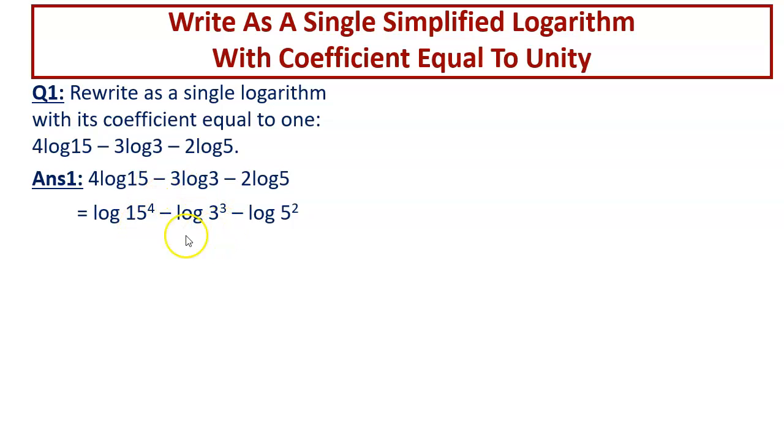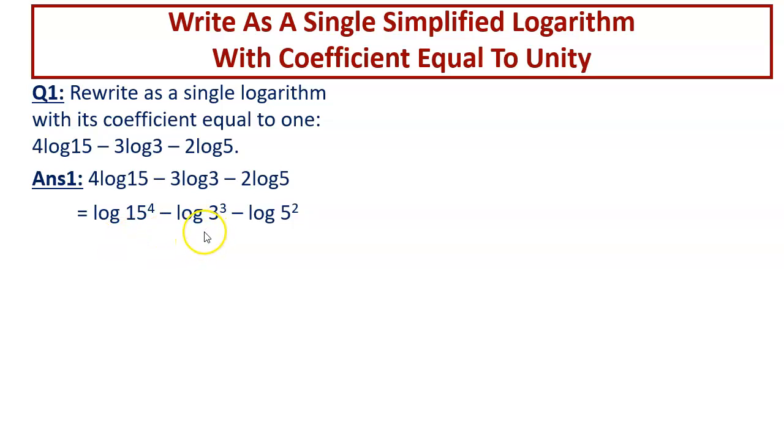Next thing that we will be doing: now we have to get a single log term, so we have to combine. So how do we combine? We know that log of a plus log of b is equal to log of a times b. And since I have not written the base explicitly, the base is of course equal to 10. Whenever the base is not written, you have to assume the base to be equal to 10.